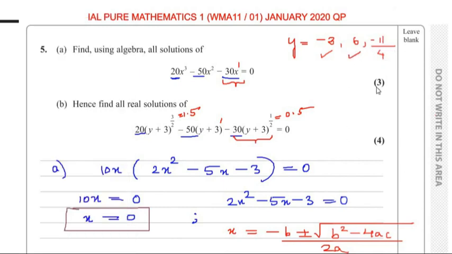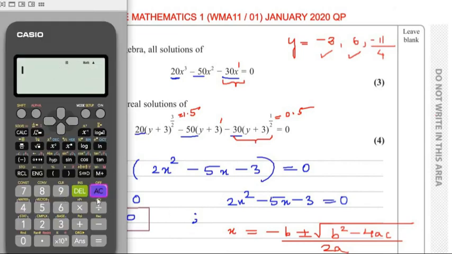Now let us check whether minus 11 over 4 is a solution or not. So here let us substitute 20, and in the bracket we have negative 11 over 4 plus 3 to the power of 1.5, and then we have minus 50. In the bracket we have again negative 11 over 4 plus 3 to the power of 1, and minus 30.